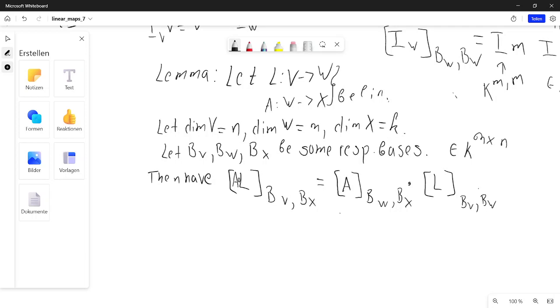This is k^(m×n). We want to go from W, and that is we have m columns now, because this is multiplied row-wise with vectors, and this is B_X, and this is k. And this, of course, you could look at as a map in matrix multiplication, so it would be k cross n.